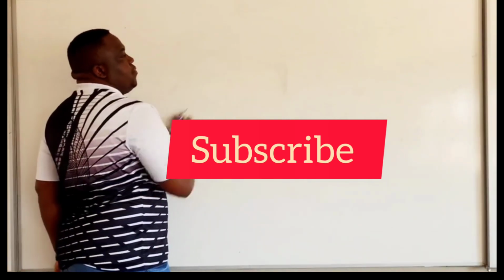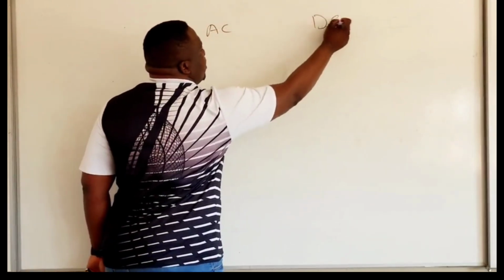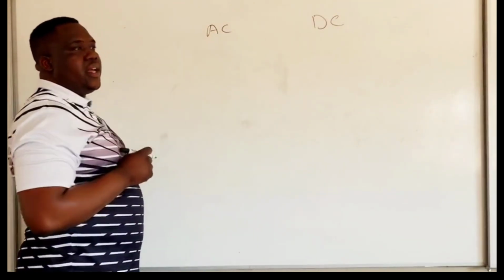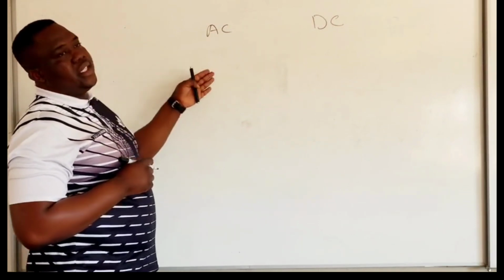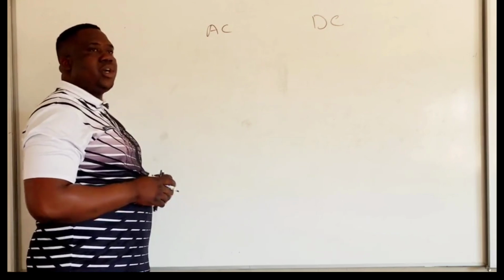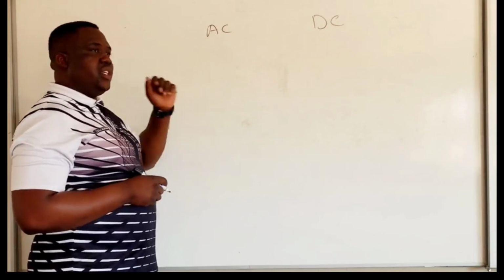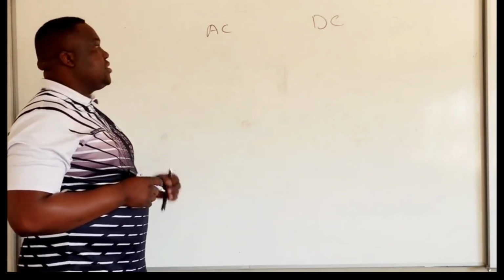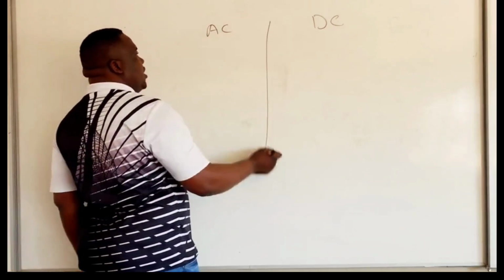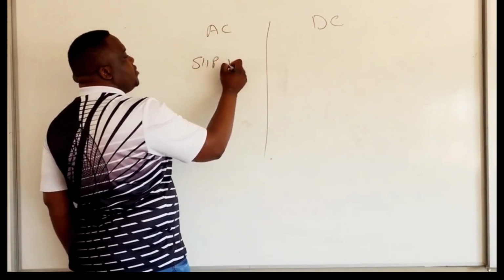Okay, so we've got the AC and the DC generator. I'm going to talk about their advantages and disadvantages in lesson number 2 when I explain the graphs. So it's a recap. For AC, we said they've got slip rings.